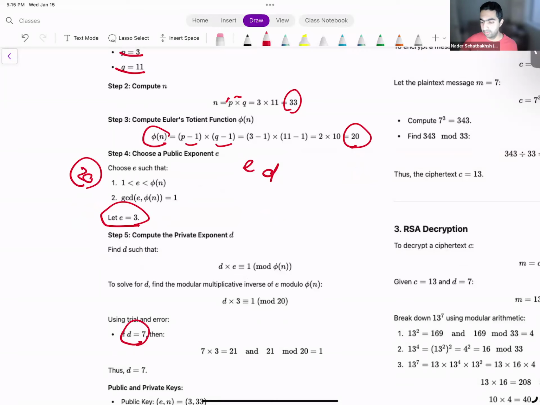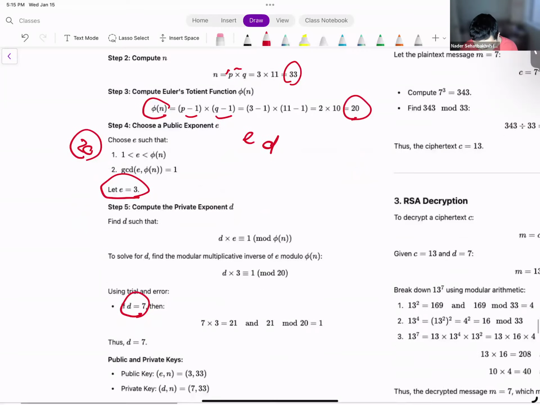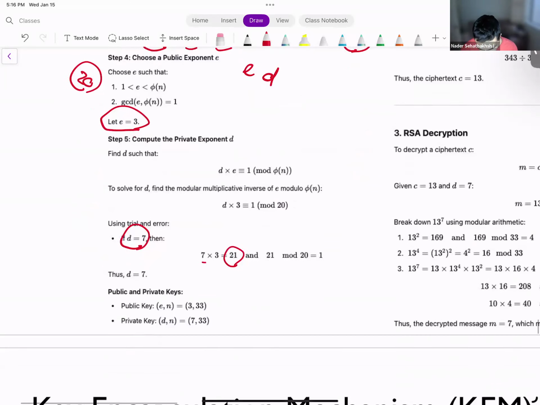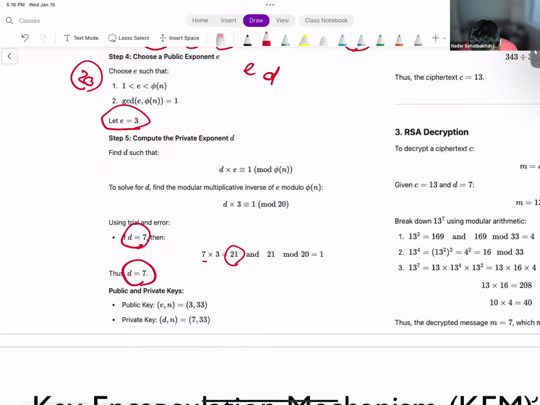So this is an iterative equation that you need to solve. If you plug in 7, we see that 7 times 3 is 21, mod 20, that's 1. That's what we want. So now D is 7 and E is 3. Our public key becomes 3 and 33, and our private key becomes 7 and 33.